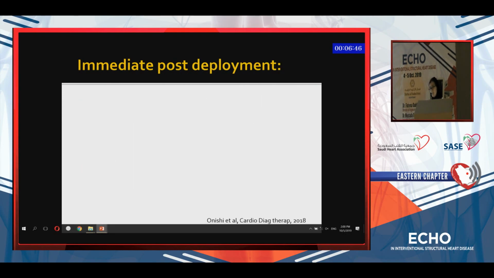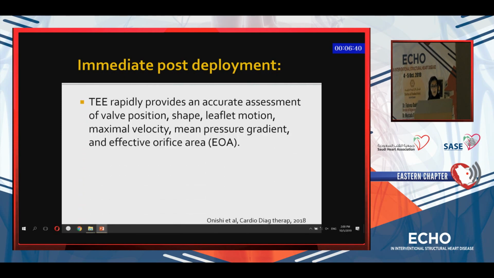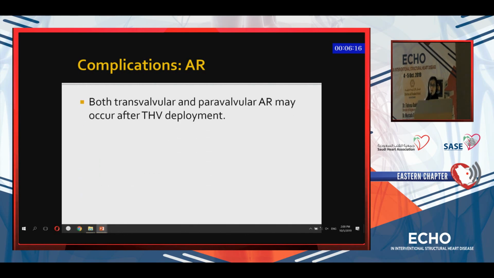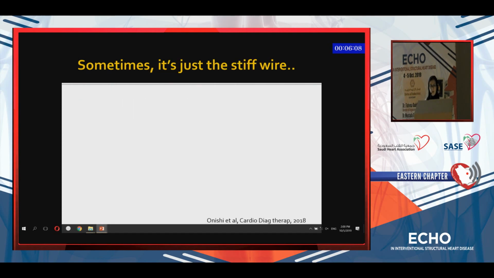Immediately post-deployment of the transcatheter heart valve, the TEE can play a very important role in giving you an accurate assessment of the valve position, the shape, if it's oval and requires further expansion or ballooning, leaflet motion, whether there is a significant increase of the pressure gradients, and what the effective orifice area is as well. Again, as mentioned earlier, it can be useful to highlight whether you have transvalvular or paravalvular aortic regurgitation immediately after the valve deployment.